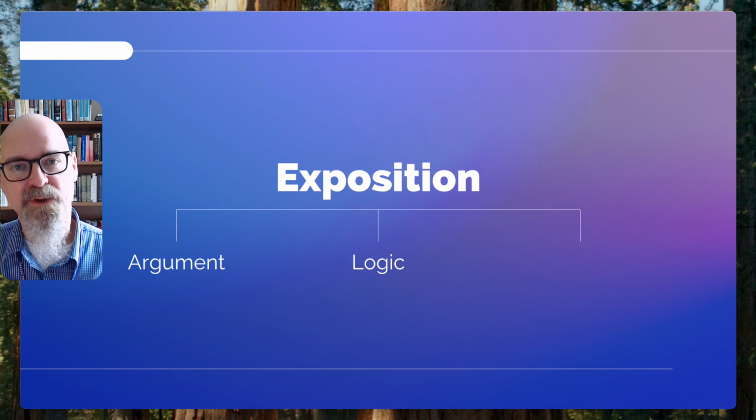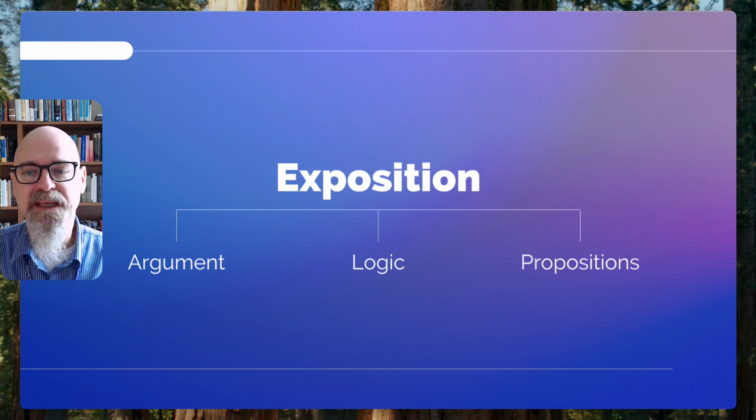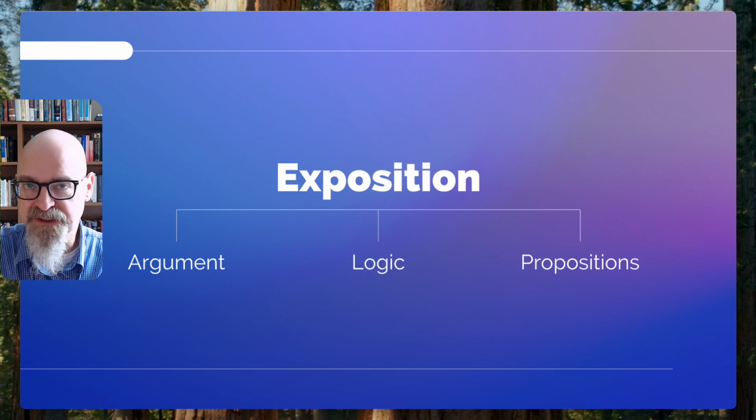The third thing that we want to do when we look at exposition is to find the propositions. And what I mean by this is to find the crisp statements of spiritual truth that the author has either stated explicitly or implicitly that undergirds the argument. So for example, if you look at a passage and you talk about how God is saving us through Christ or something to that effect, there's a couple of propositions there.